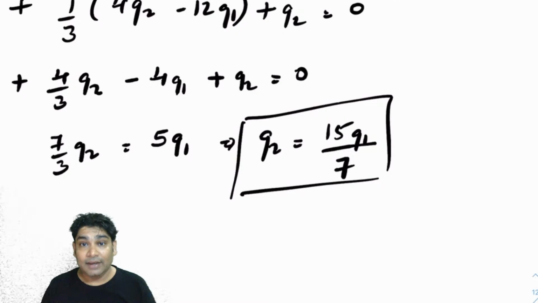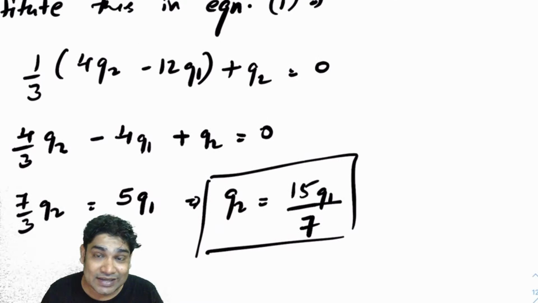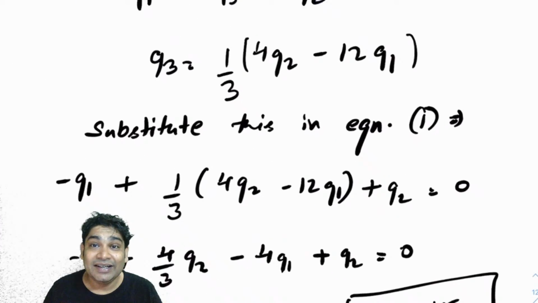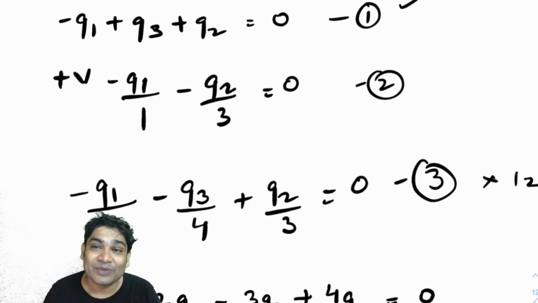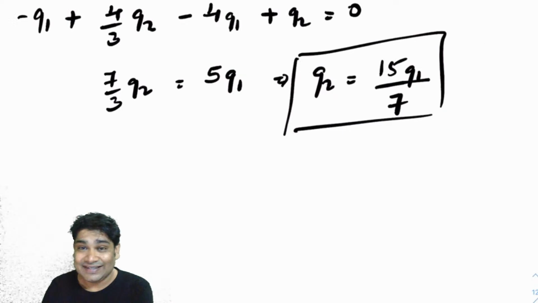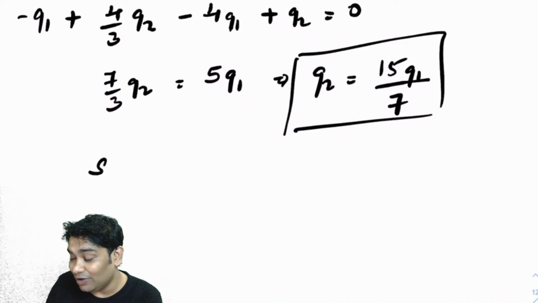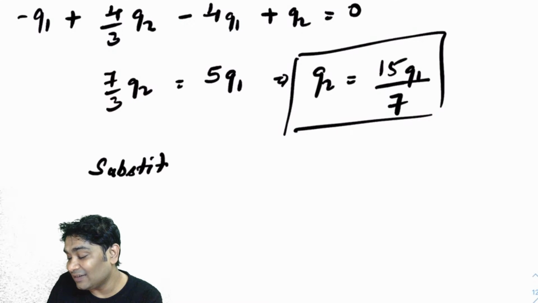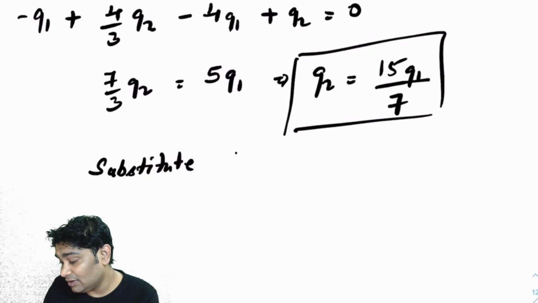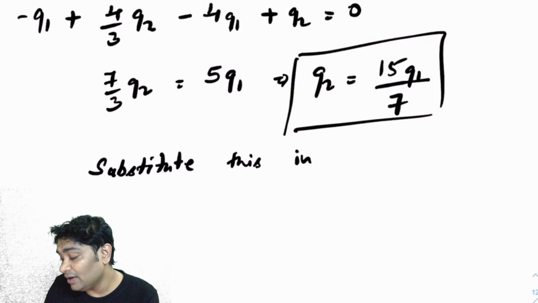Okay, next, what I can do is substitute this value into equation number 2. There is some amount of work, as you know, in all KVL KCL approaches. Substitute this in equation 2.